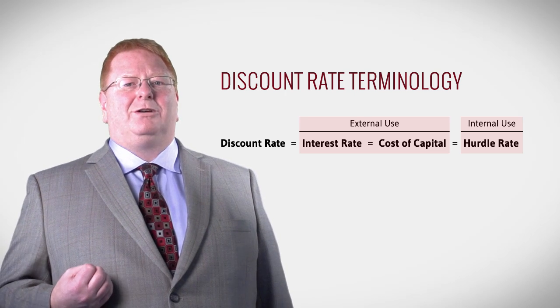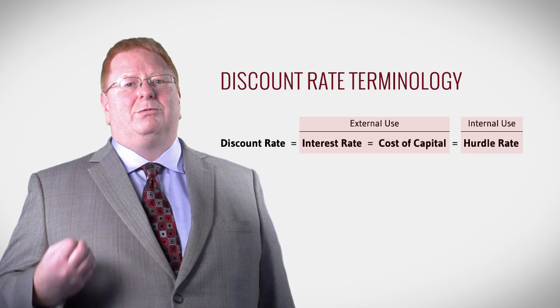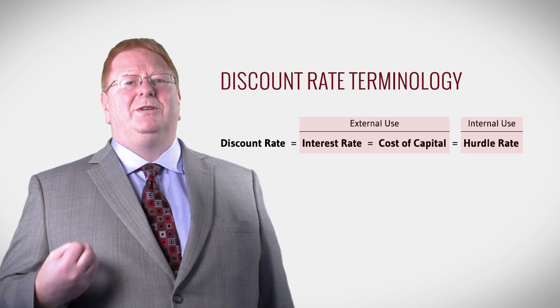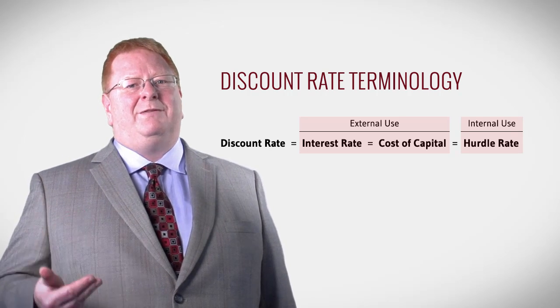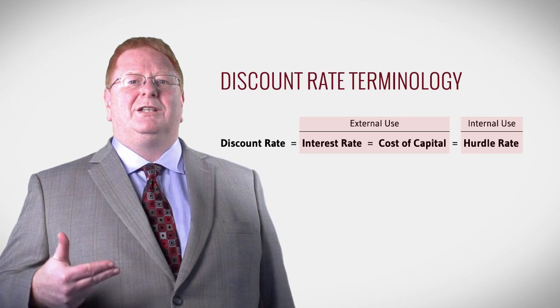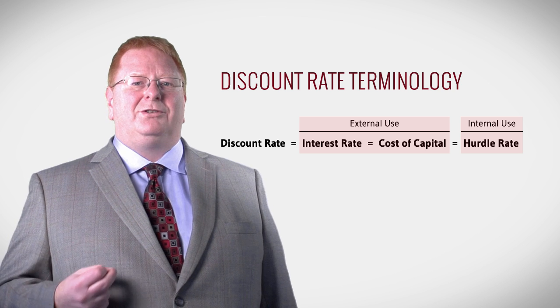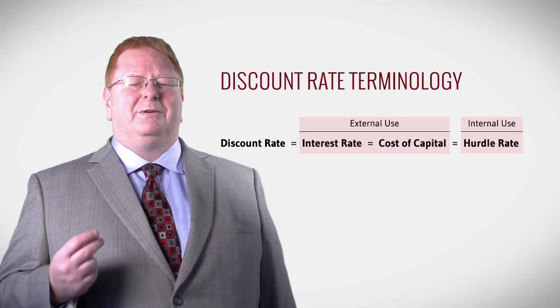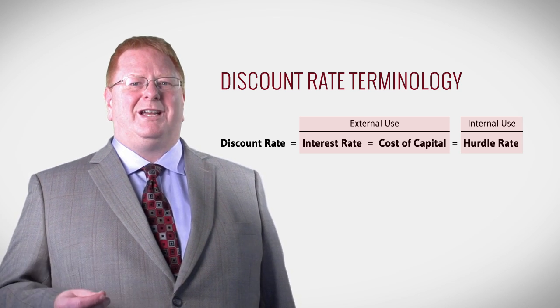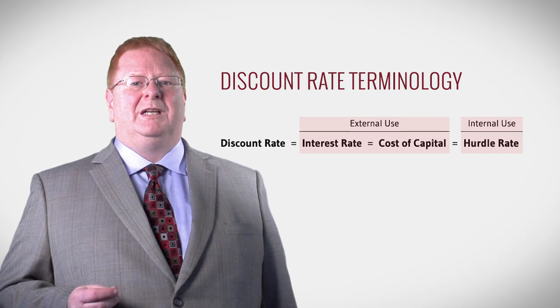It's the R in the equation, or again, the risk-based expected rate of return that we are either going to invest the money or in which case we're going to bring the money back. So I've been using the concept of interest rate, but you may hear people refer to this as hurdle or discount rate within the firm.